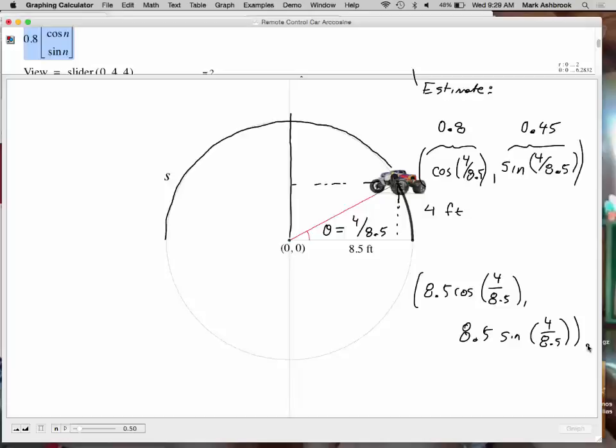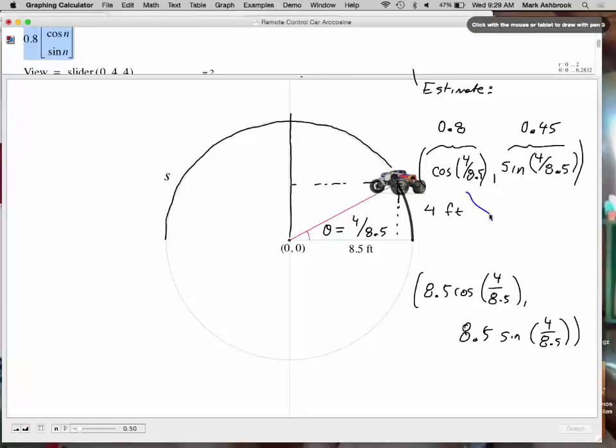Okay, so now let's go in your calculator and find these two up here. Let's see how our estimates were. So cosine of the ratio 4 over 8.5 and sine of the ratio 4 over 8.5. As soon as you get it, tell me.